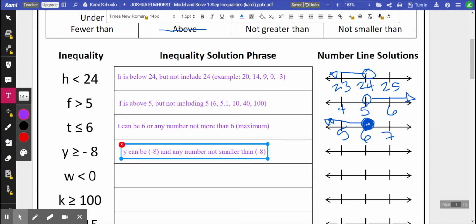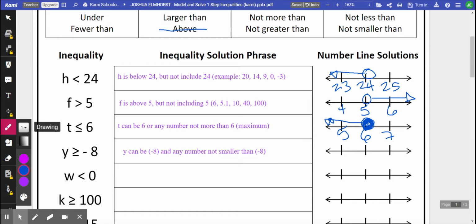Smaller than -8 would be larger negative numbers. So we go back over here, we can say -8, wrote that too big. -8, -7, -9. These are negative numbers, so they're counting down towards 0. So we're going to put a solid circle because it can include -8, but it says not smaller than.